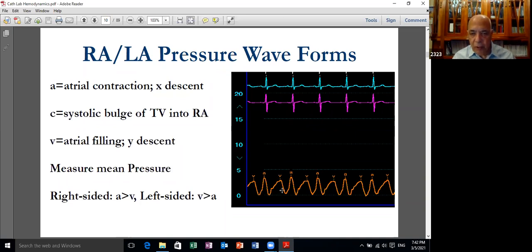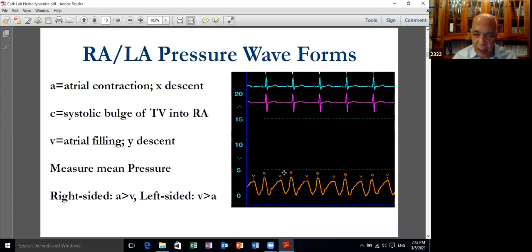So usually, because of the much fluctuation with respiration, we resort to getting the mean pressure. Another reason we rely on the mean pressure rather than the fluctuating pressure is that the fluid-filled catheter is liable to various oscillations. So most of the calculations that use pressures rely on the mean pressure to avoid the oscillations resulting from the fluid-filled catheter.